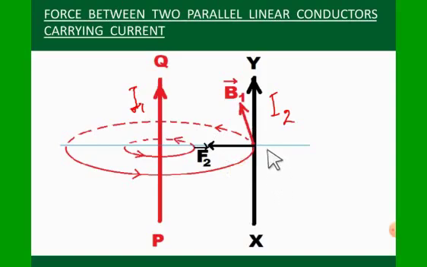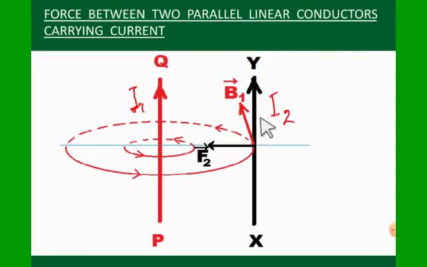Now let's take it that the conductor XY is carrying current I2 along the direction XY.